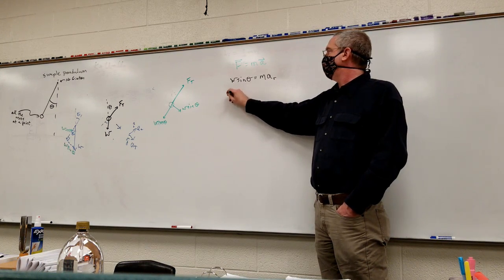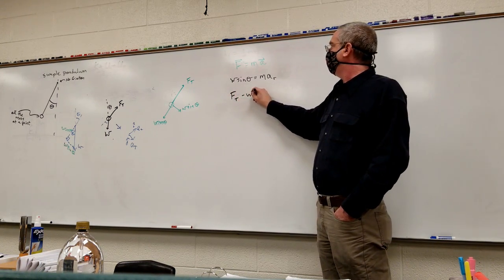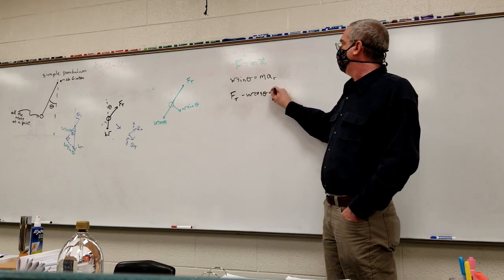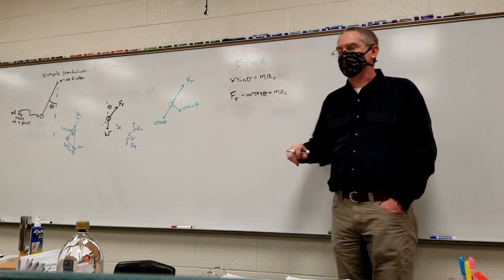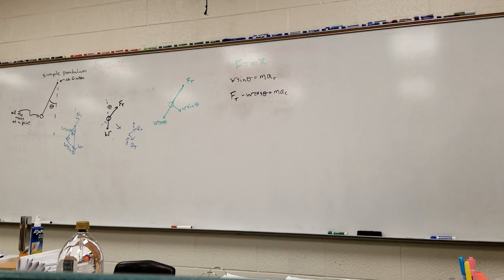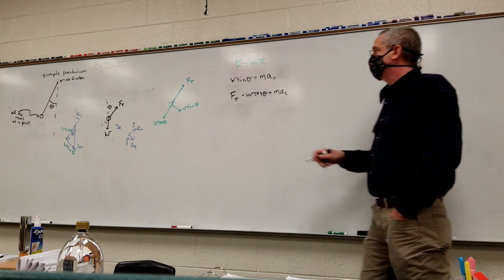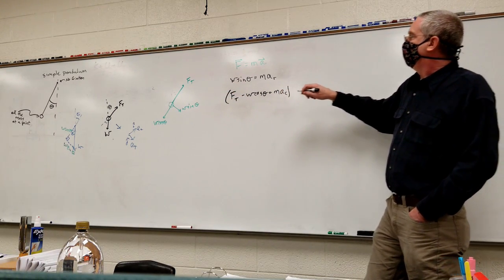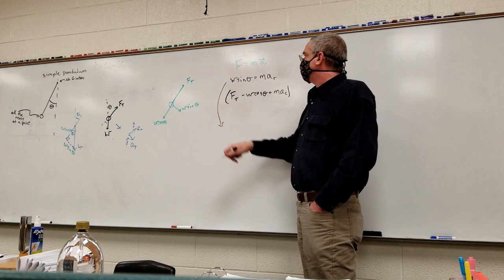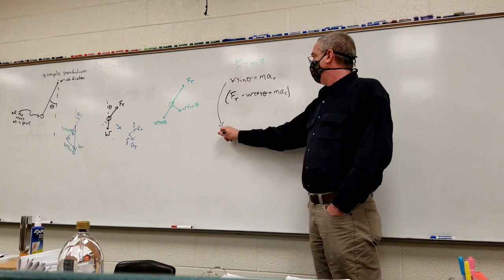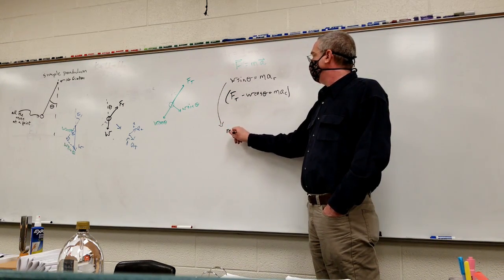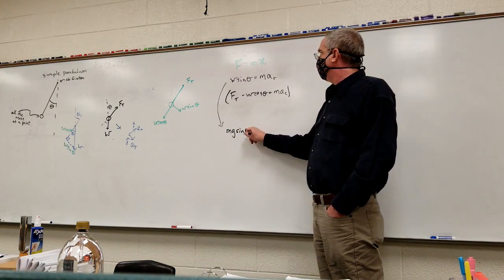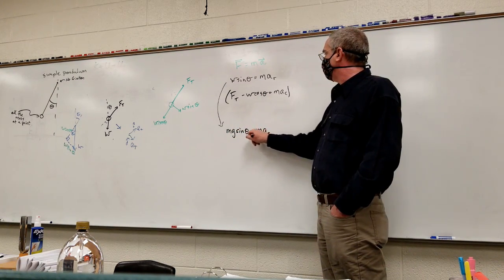FT minus W cosine theta is equal to MAC. Now the second equation we actually don't need for this particular derivation that we're doing right here, just the first one. And so this is here just for completeness. Substitution. I have mg sine theta is equal to m a sub t.